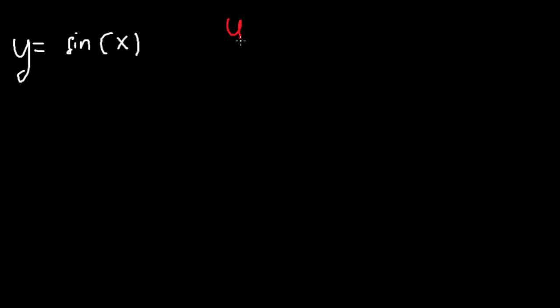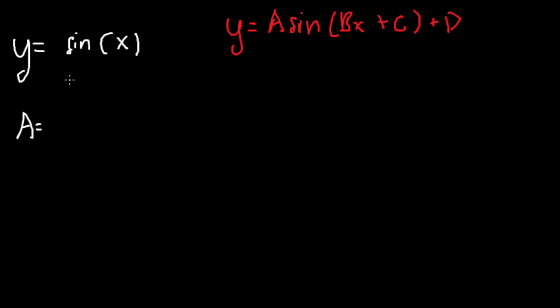It is denoted as y is equal to a sine of bx plus c plus d. Now, let us find the amplitude. As I said kanina, the amplitude will always be to the left of the trigonometric function or the trigonometric value rather, which is in this case the sine.